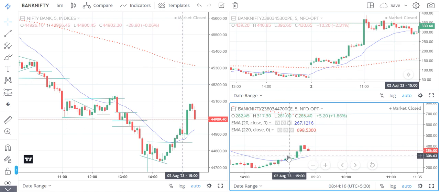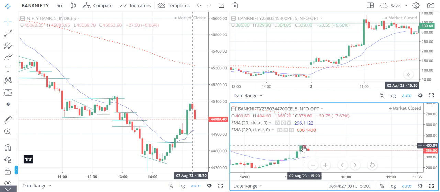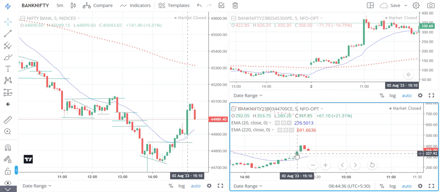Second target, this 50% profit, you can book 50% quantity here, and then you can hold the remaining quantity, and you can sell the remaining quantity here after this strong bull bar.